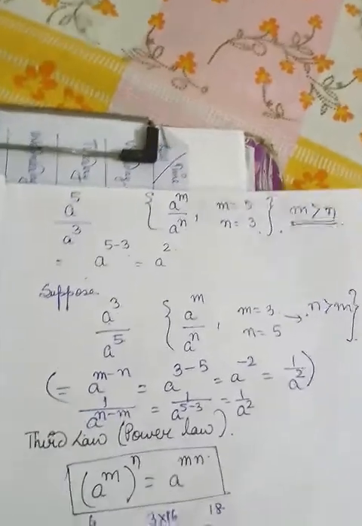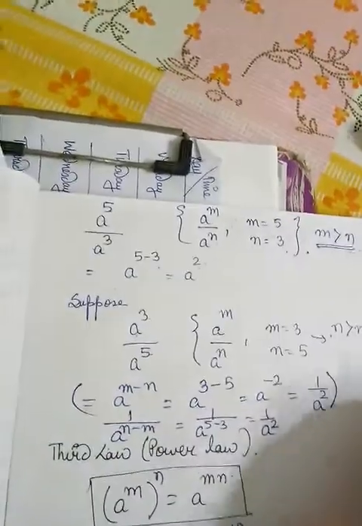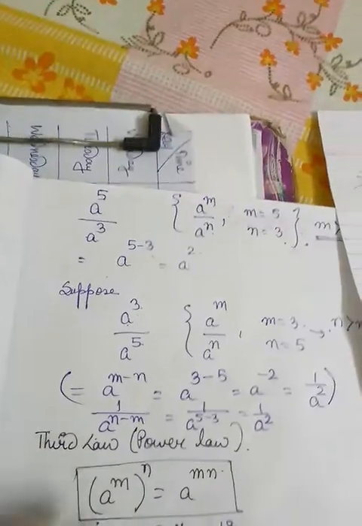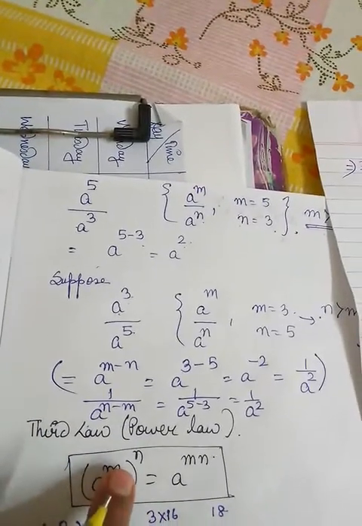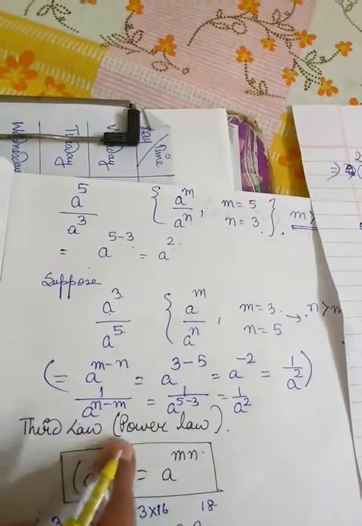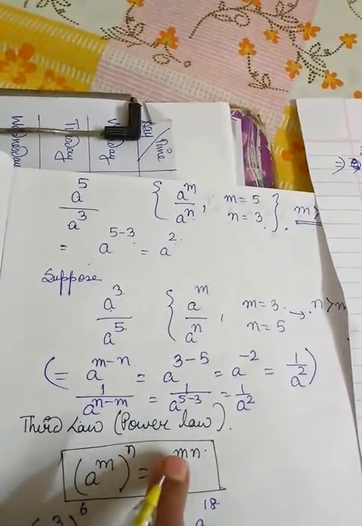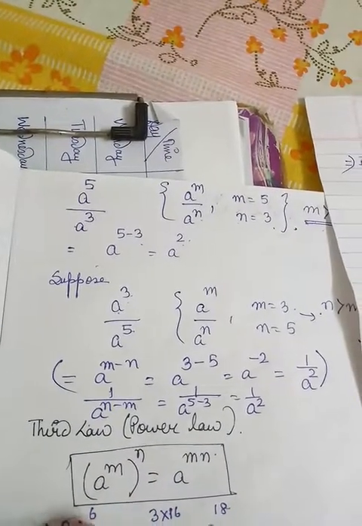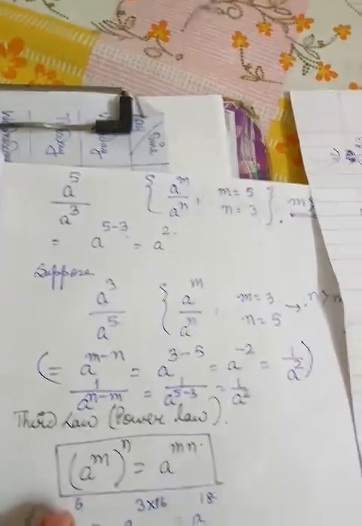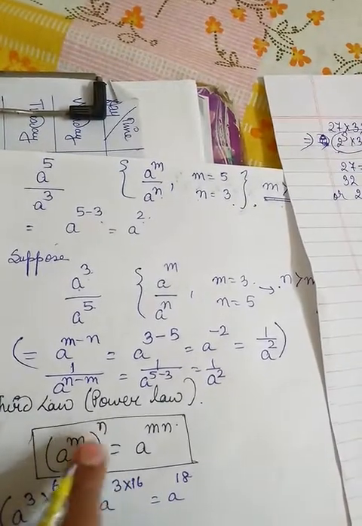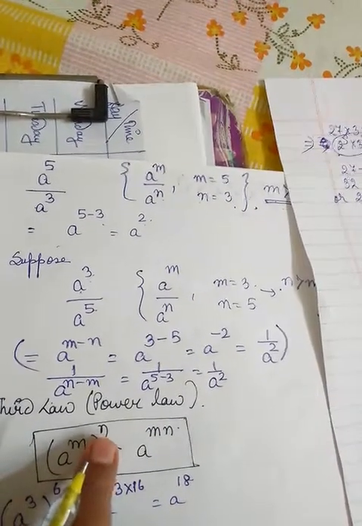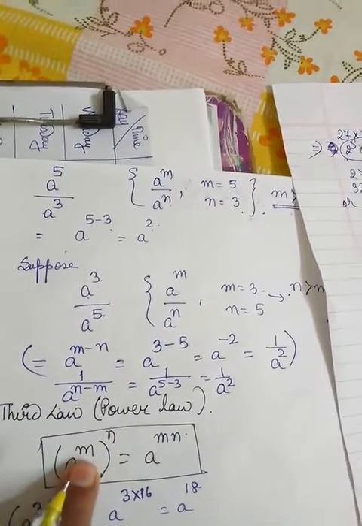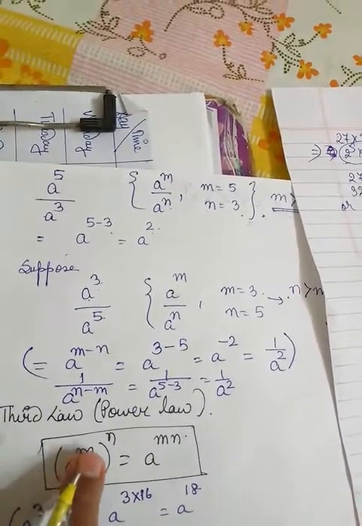Now, next is the third law, which is also known as the power law. Now, you can see the general form says that a to the power m whole to the power n is equal to a to the power m into n, which means that whenever there is a number and its index is raised to another number's index, that means a to the power m to the power n.